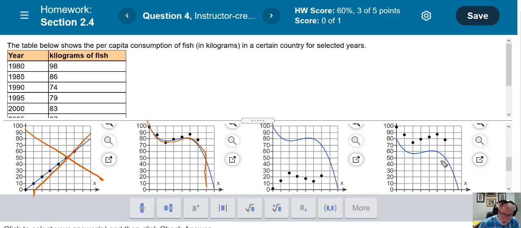Also, if you have watched the lesson videos, you'll know that the whole idea of regression is that the dots and the line should come pretty close together. I'm looking at this picture and I don't see dots anywhere near the line, so it's not that one. It's not the one on the right. It has to be this one.